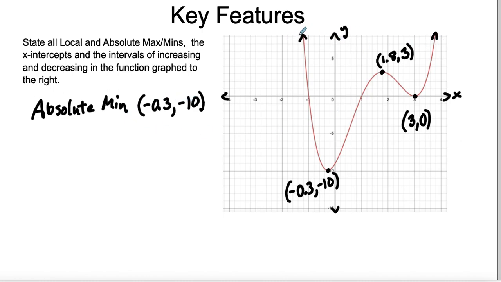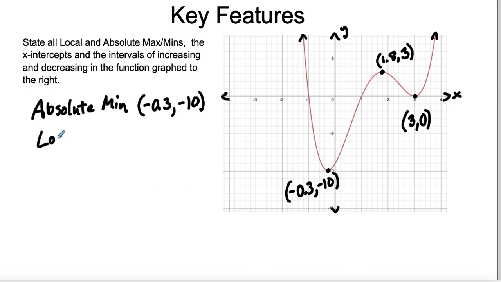So now I have my absolute min. Now absolute max, there is no absolute max because notice these two arrows mean this graph would go up to infinity. So if there's no absolute max, you don't have to write anything. So let's move on to the local maxes and mins. Well, I got a local max right here, as it's increasing, and then it starts decreasing.